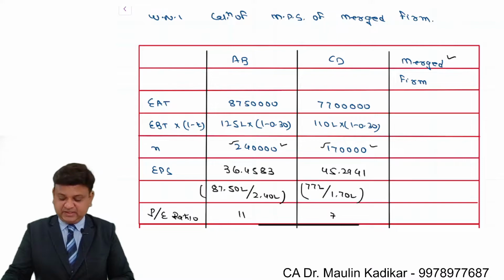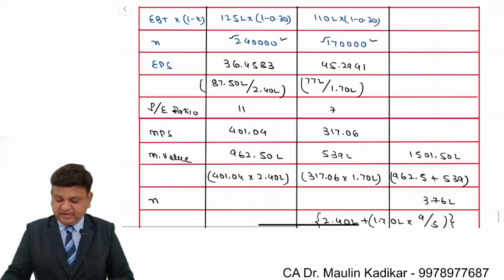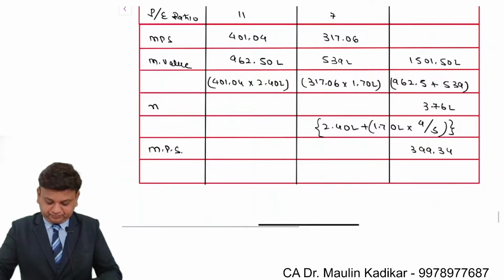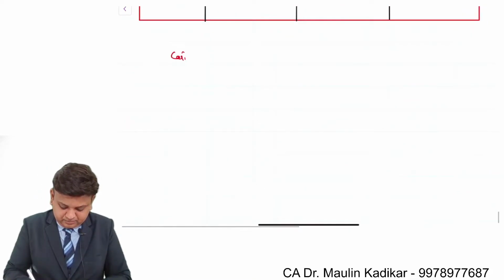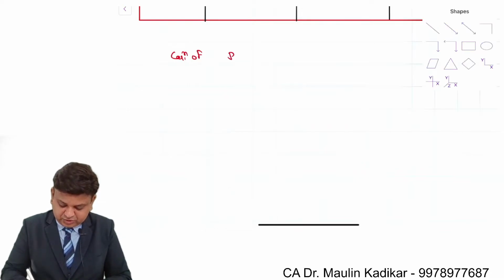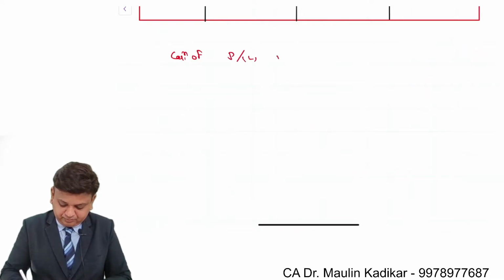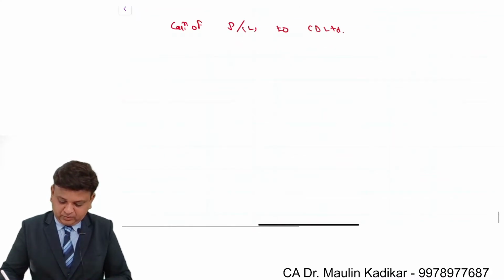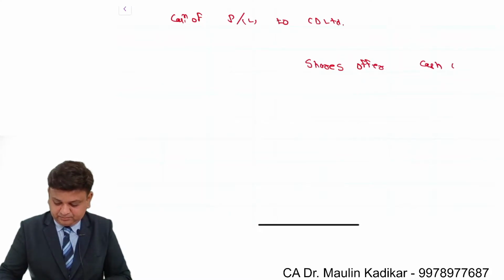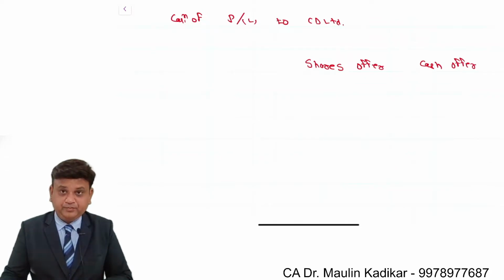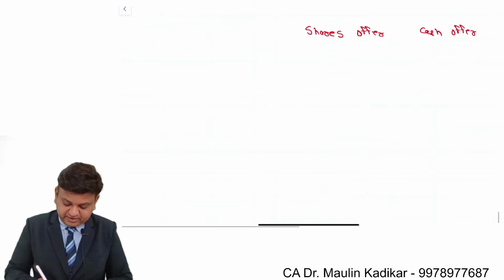Now friends, after making this calculation, we will have further working like this. Calculation of profit or loss to CD Limited. In that, say it is shares offer and another is cash offer. In that case, we will make a comparison like this.